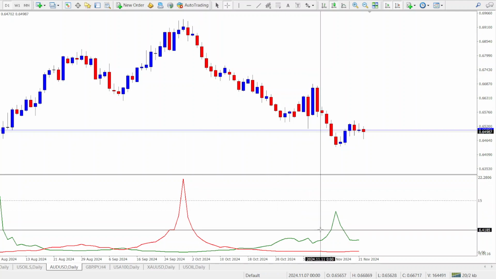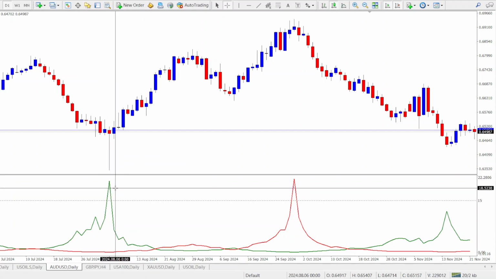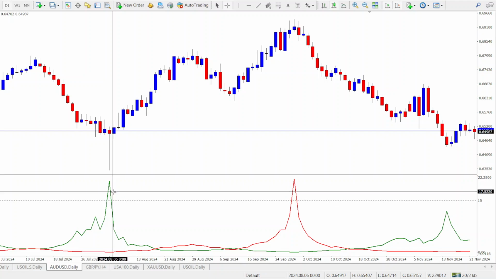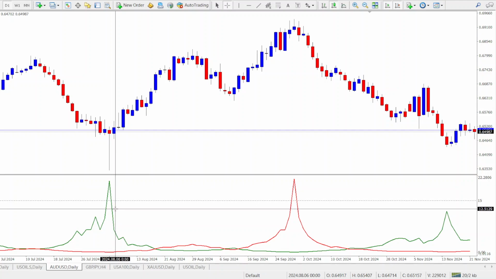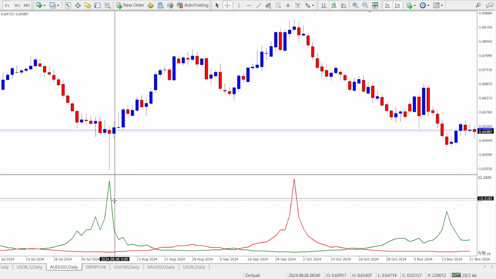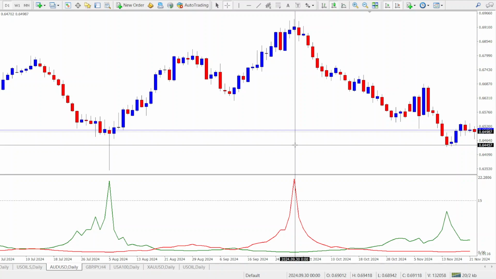On the other hand, when you have the green line cross above the 15 level, it's a sign that we could have a bullish reversal soon. And then finally, when the green line crosses below the 15 level, then it's a buy signal. So basically, this 15 level is the level that tells us when a reversal is about to happen.